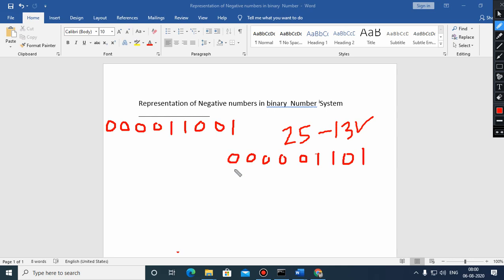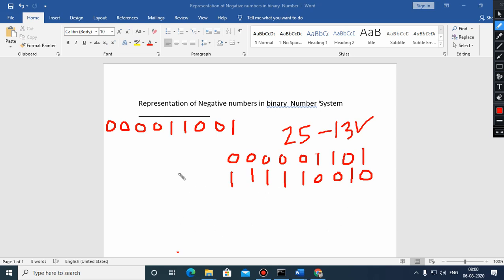But if I want to represent minus 13 in 1's complement, what will I do? Simply just add 1 here, and this is 1, 1, 1. It is 1, and it is double 0, it is 1, and it is 0. This is 1's complement. Okay.